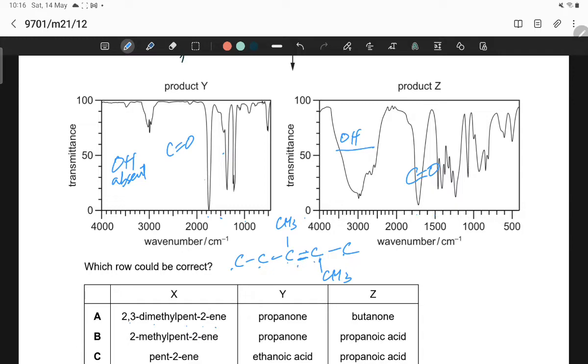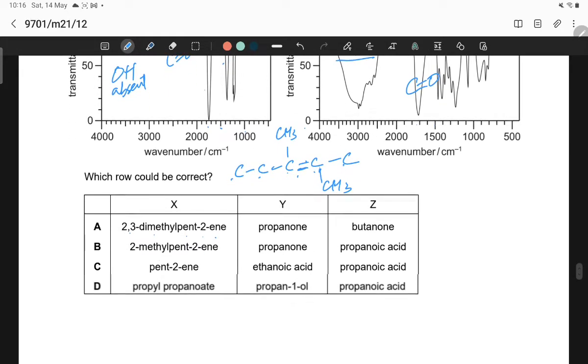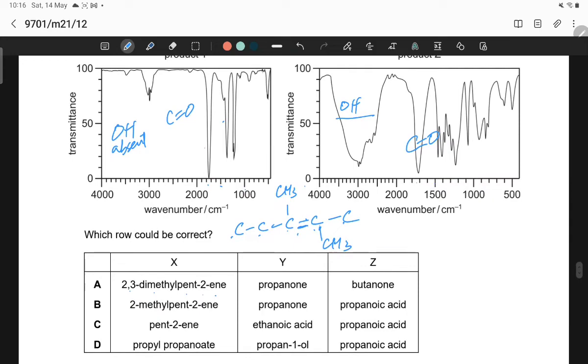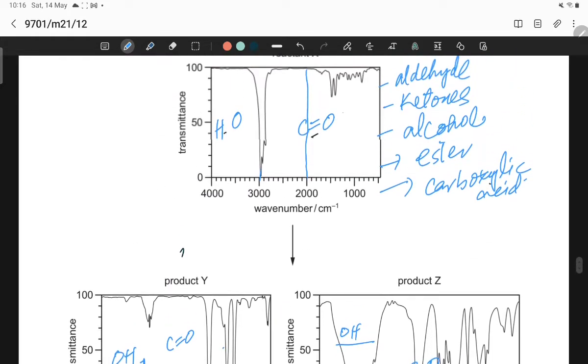So it is not possible to form propanone and butanone. Butanone Z is the carboxylic acid, so this is incorrect. So 2-methyl pentene. X is 2-methyl pentene.